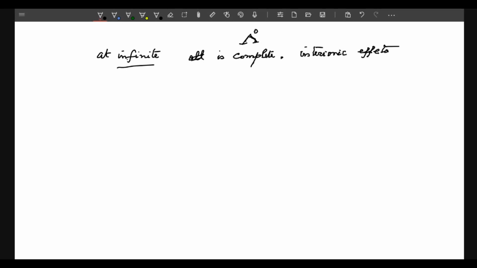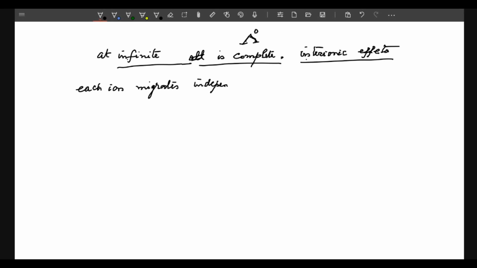Therefore, the condition is infinite dilution, where complete ionization takes place and the interionic effects have disappeared, each ion migrates independently.